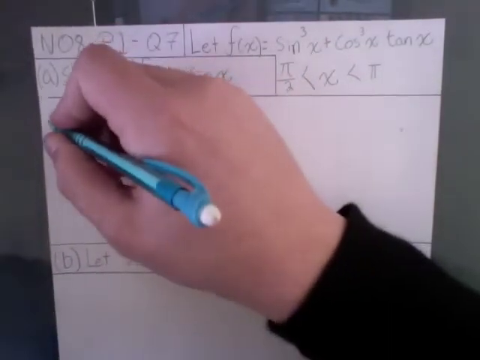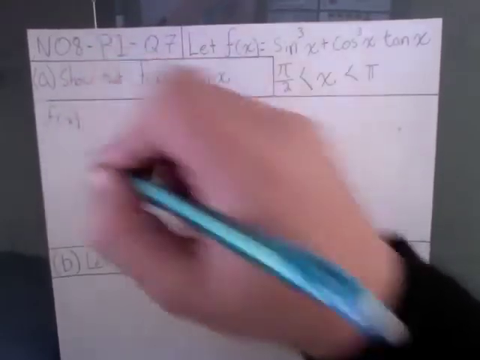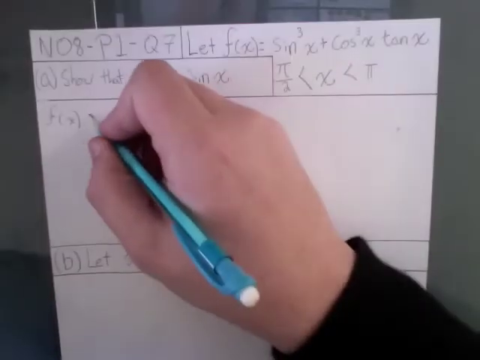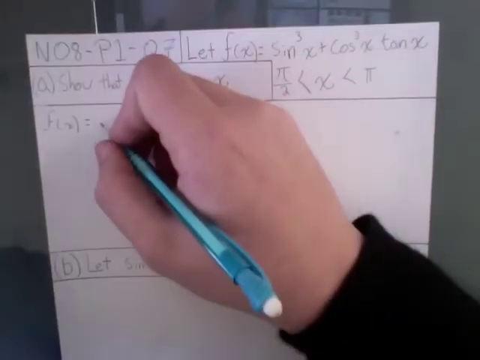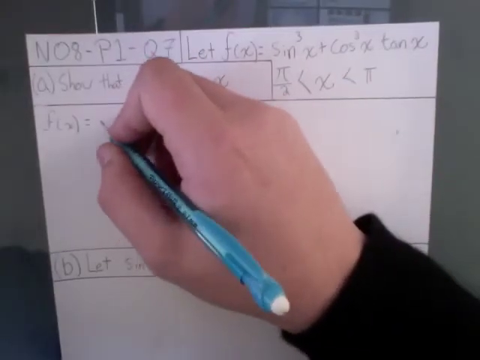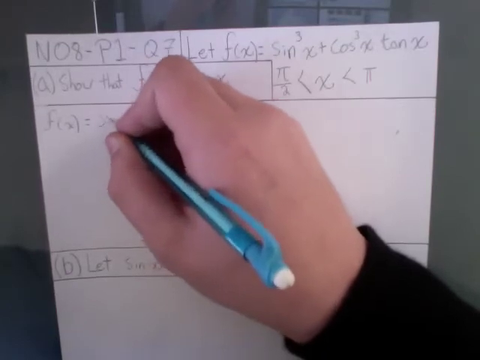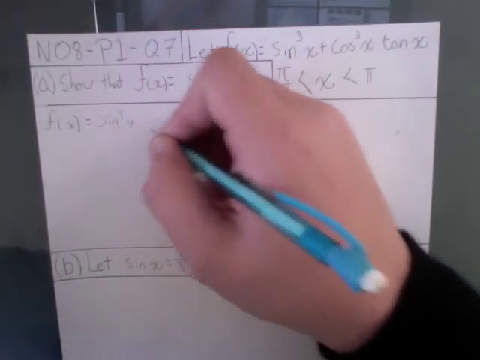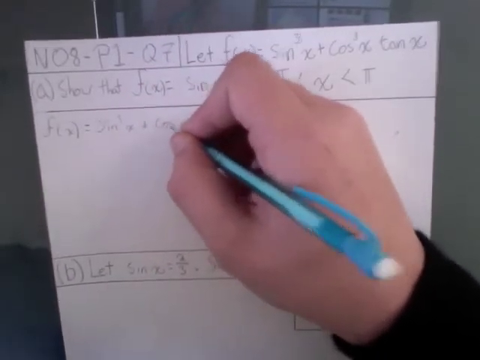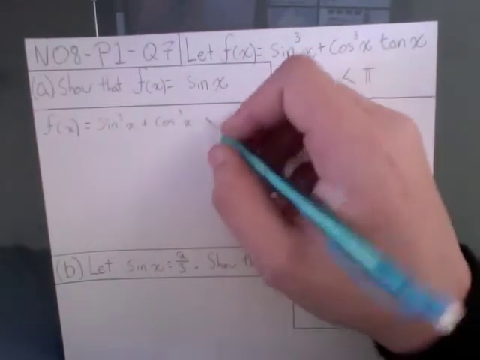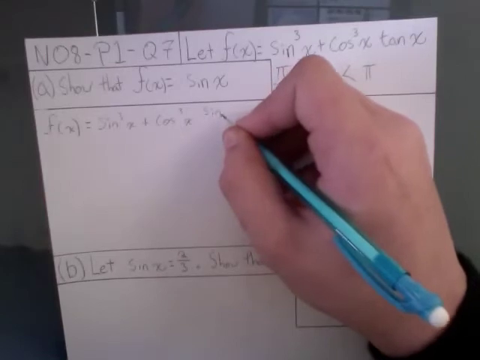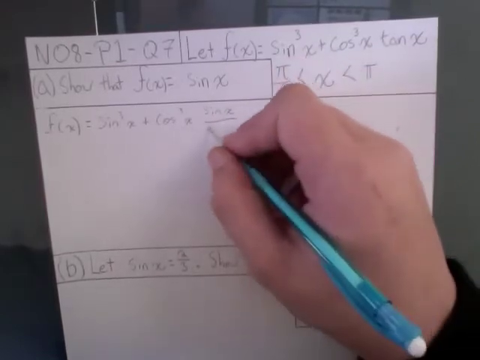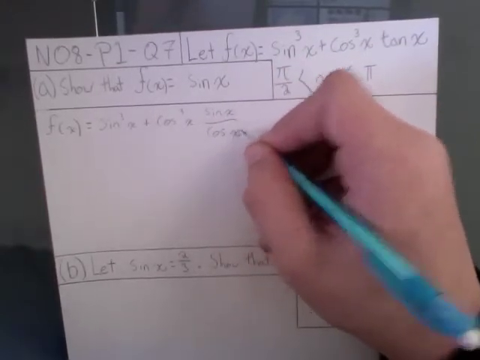First thing that we need to do is get rid of this tan here. If you look in the data booklet, you'll find that tan x is really just equal to sine x over cosine x. So we have sine cubed x plus cosine cubed x times sine x over cosine x.